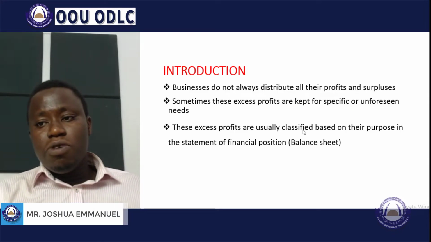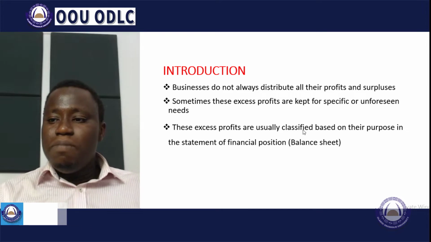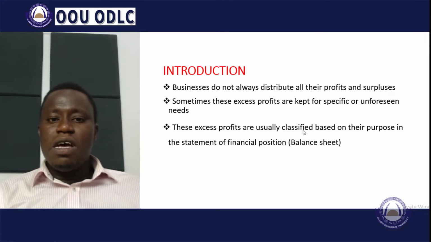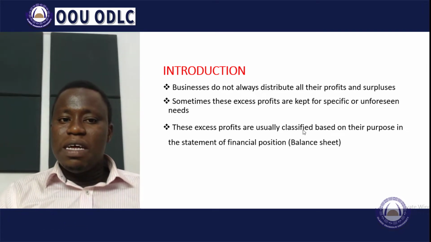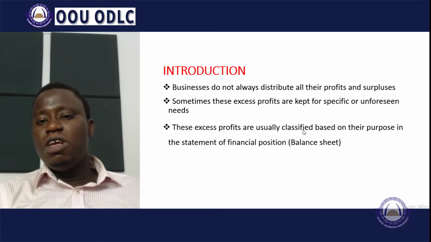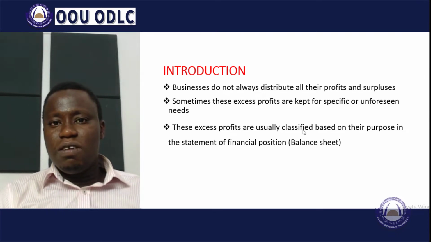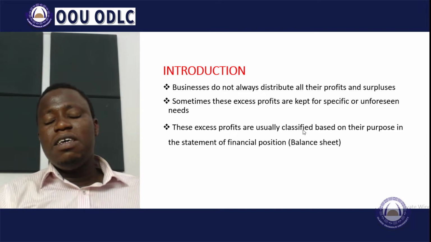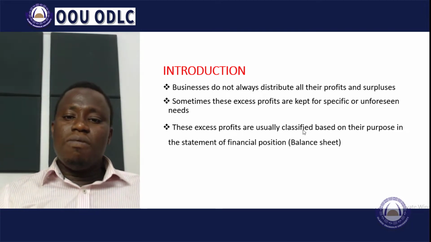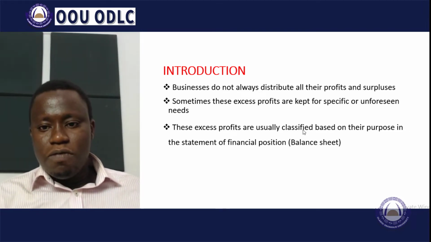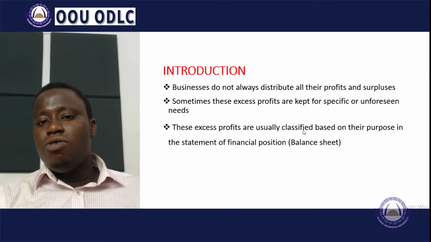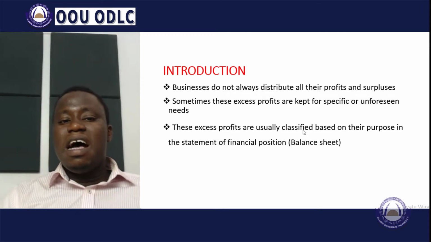Now, we must understand that businesses usually make profit. Most businesses make profit, and they do not always distribute all their profit and surpluses. When a business makes profit, it is expected that sometimes they reinvest some of the profit they realized or distribute it as dividend.